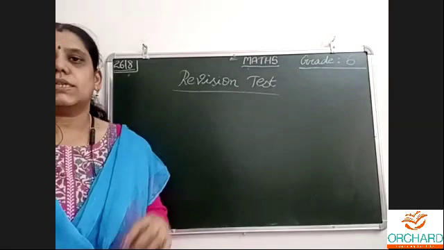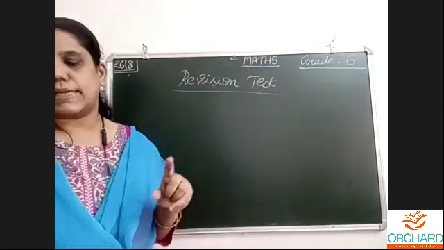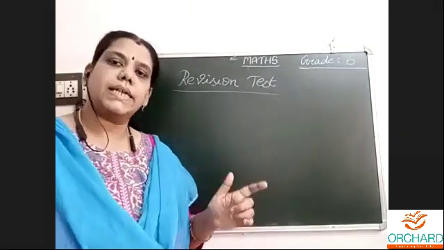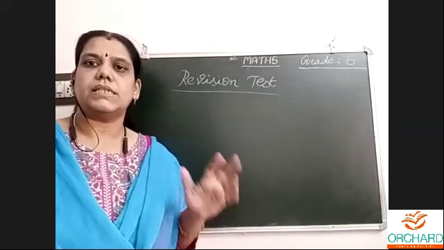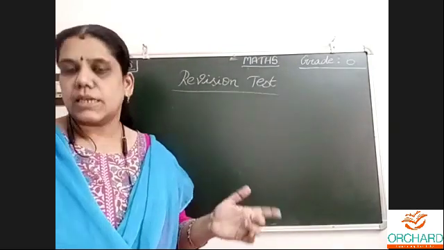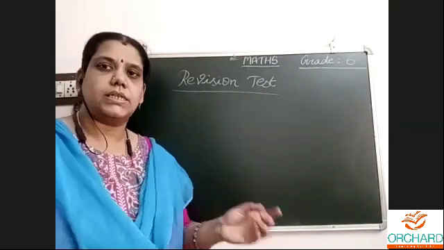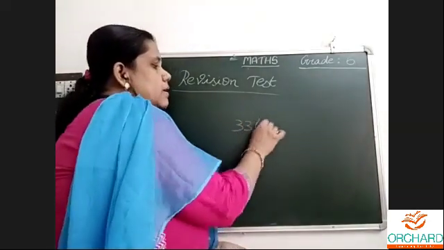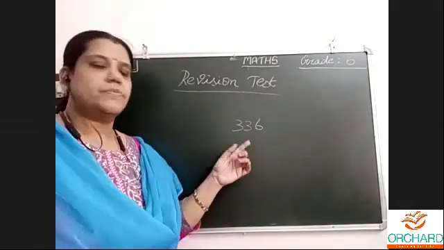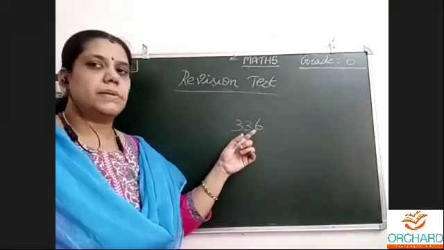Next, tests of divisibility. Test of divisibility by 2 says if the unit place is even, yes, otherwise no. Test of divisibility by 3 says we have to add the digits, the sum of the digits. For example, number 336: 3 plus 3 is 6, 6 plus 6 is 12.